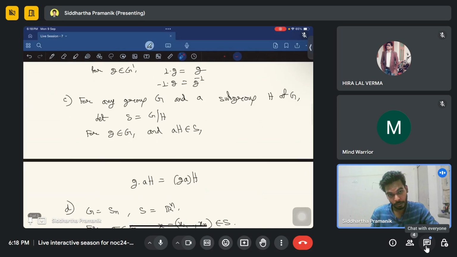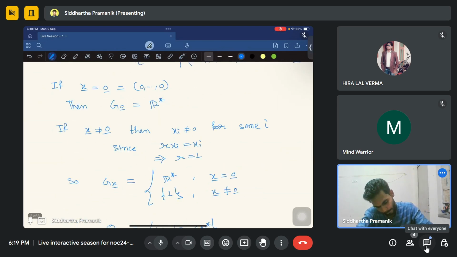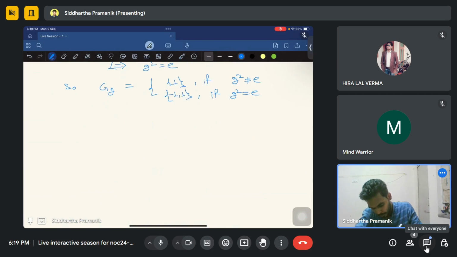So the third one is the group G acting on G mod H by this function. So here G is acting on G mod H. So G mod H is S here.